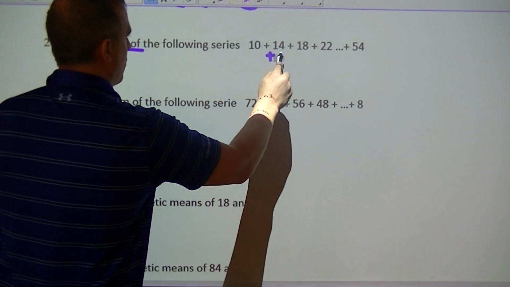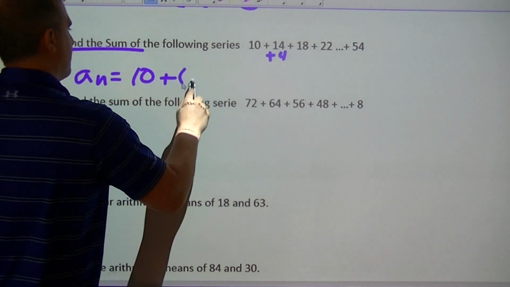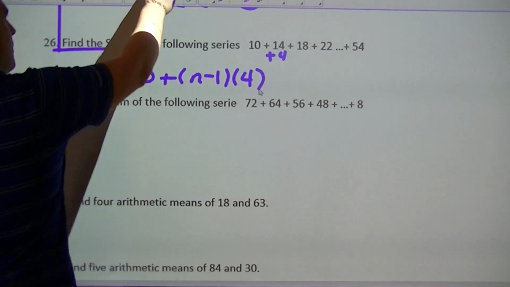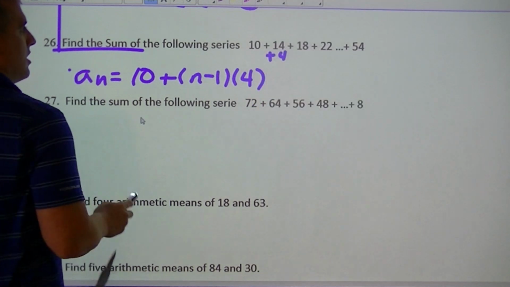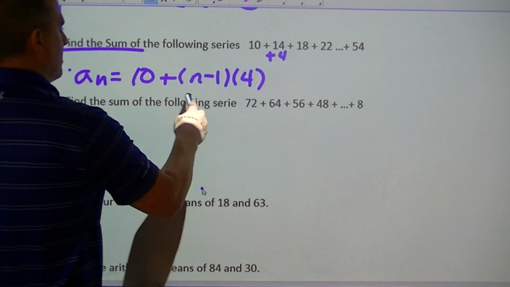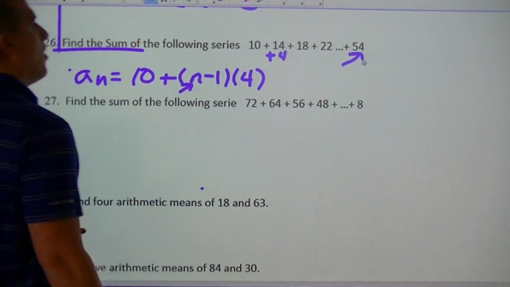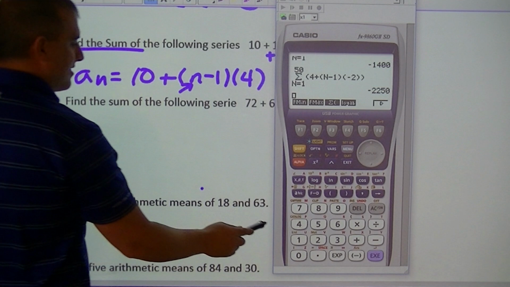This would be +4. I'm going to need the formula. The problem is, when I go to sigma, I have no idea what that top number is. So what I'm going to have to do is guess numbers to figure out which one gives me 54. Now, there's no right way to guess.